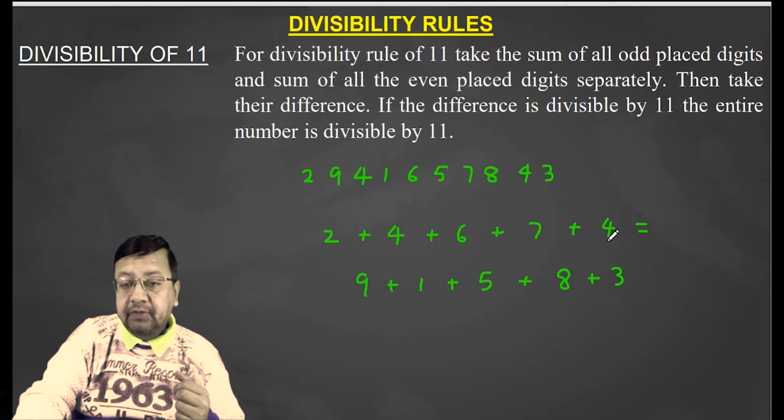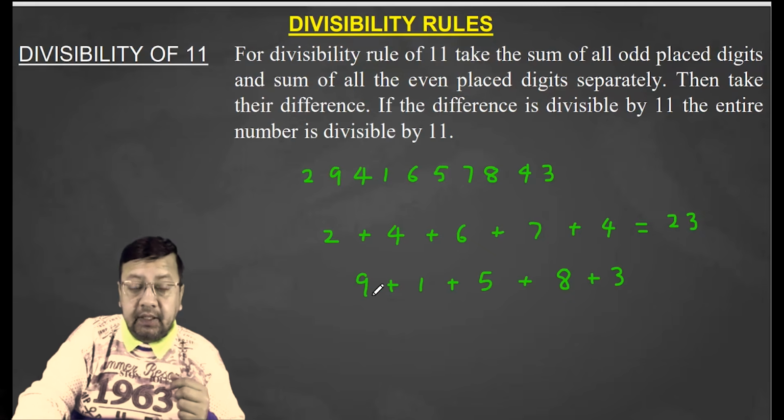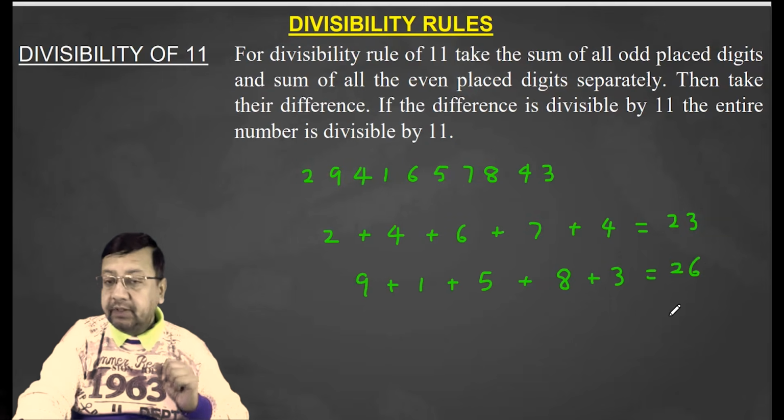And 19 plus 4 is what? 23. So this is coming out to be 23. Done. So this is the first summation we are getting. Second, 9 plus 1, 10. 10 plus 5, 15. 15 plus 8, 23. 23 plus 3, 26. So this is coming out to be 26. So second summation is 26.